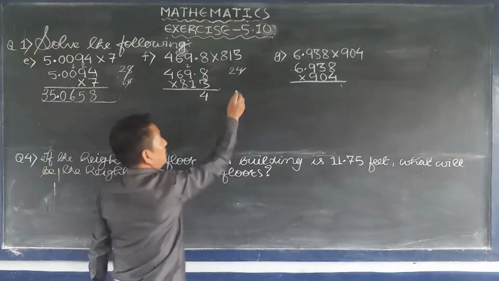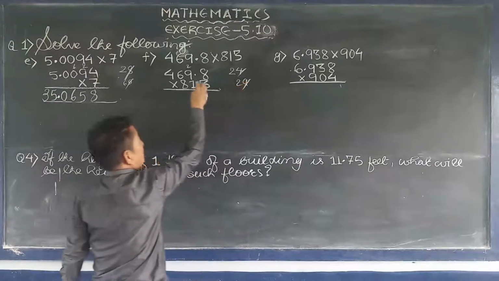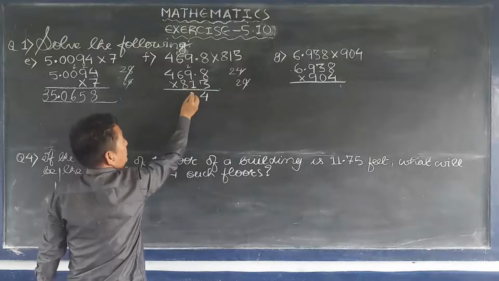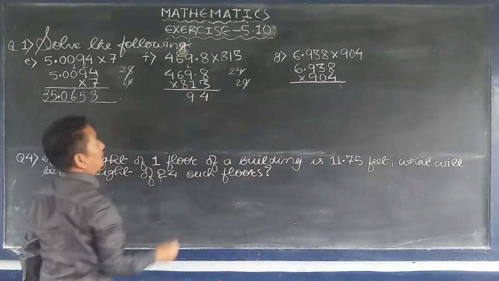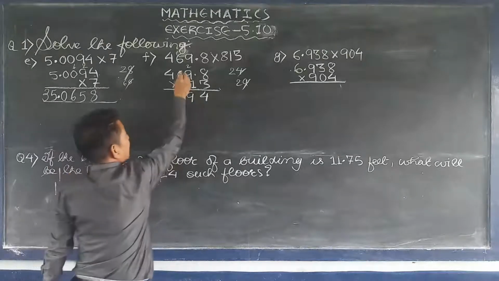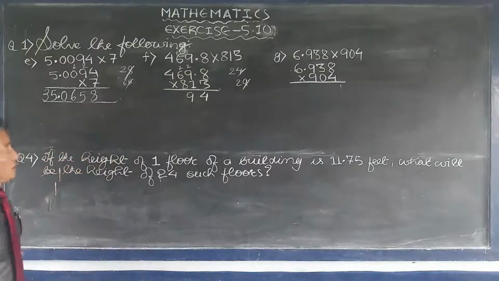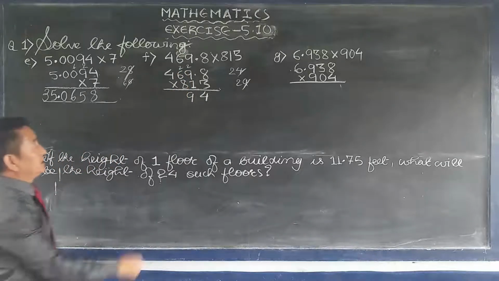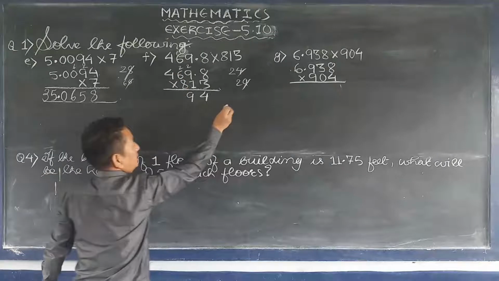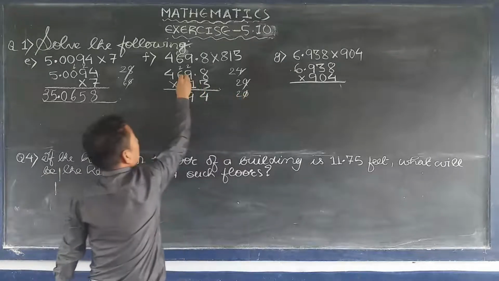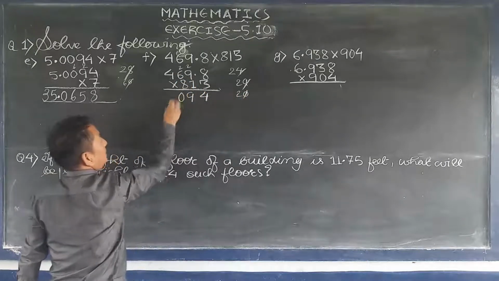We'll put this 9 and write it straight here. Now 2 is carried on here. 3 6s are 18. 18, 19, 20. We'll write 20. 0 we'll write here.